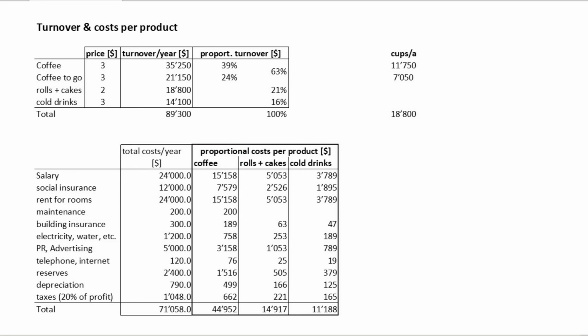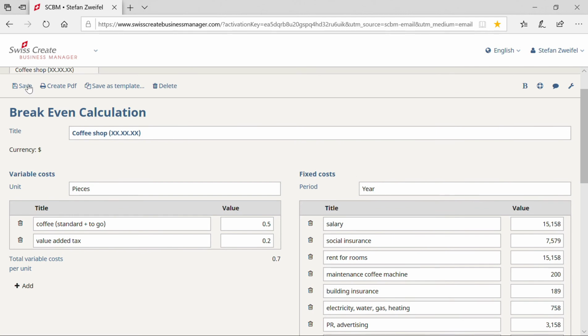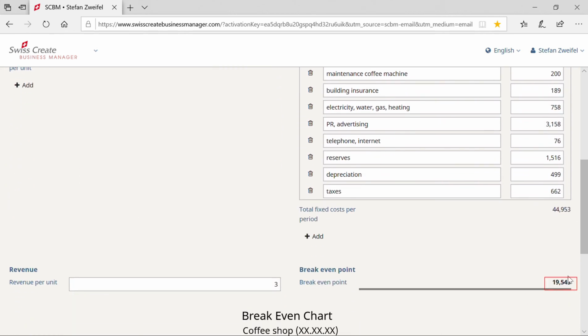And now I can take these numbers and add them to the break-even calculation. All the fixed costs are filled in now, and with Save, I get the break-even point as shown. Well, hey, this is the break-even point.